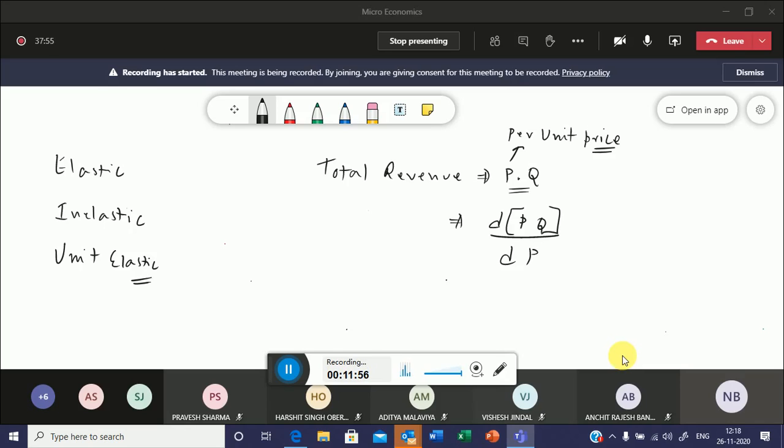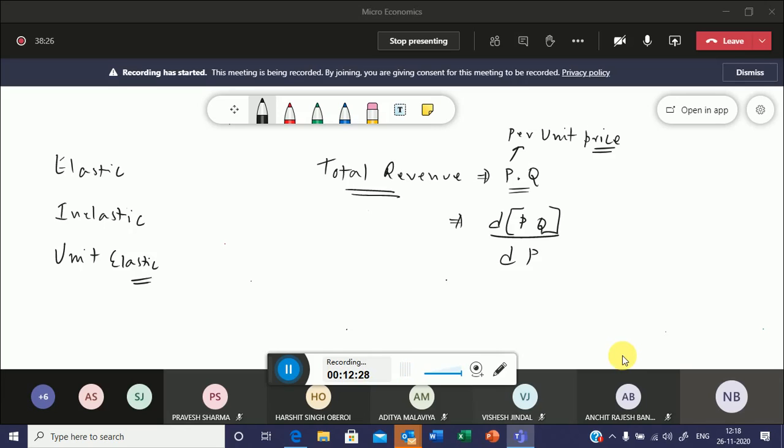So if price were to increase from P1 to P2, please listen to this carefully, or for that matter, if price were to fall from P2 to P1, in simple terms, what we are saying is for a given change in price, and the change can be both upward and downward, how much change is happening with respect to what?